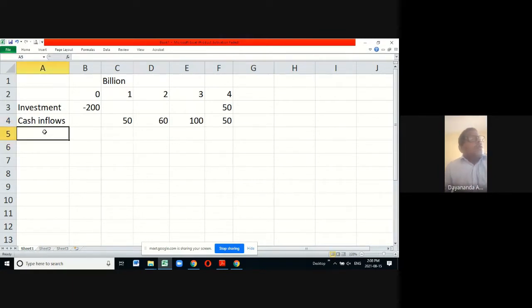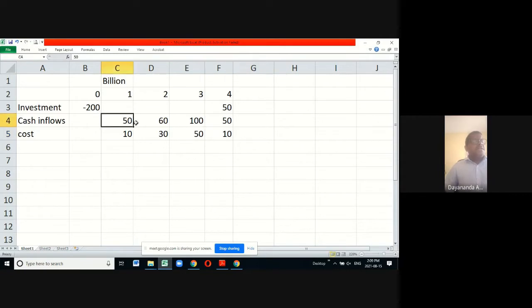Suppose operating cost. Operating cost means the expenses, the cash outflow. The cost is, of course, say 10, 30, 50, and 10.